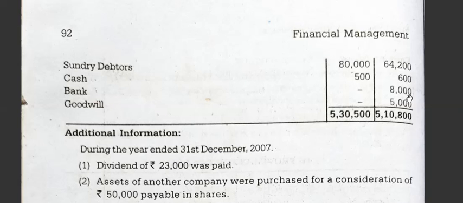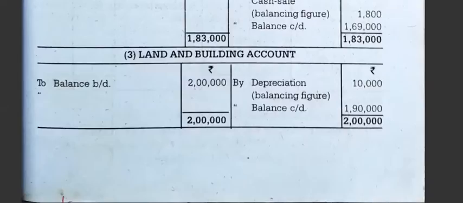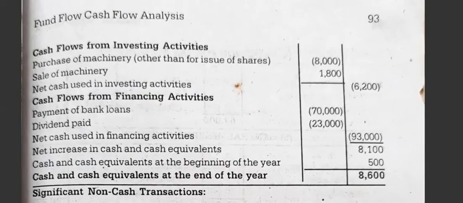Closing is 8,600, that is cash 600 and 8,000 bank. So you have to add first 500, then you should get the answer 8,600. So we have added here 500. If you total, you will get 8,600, which is the cash equivalent at the end of the year.